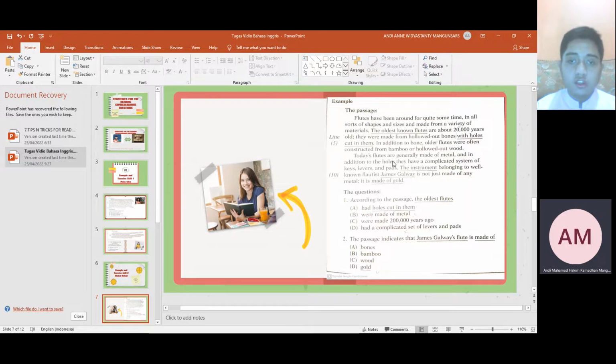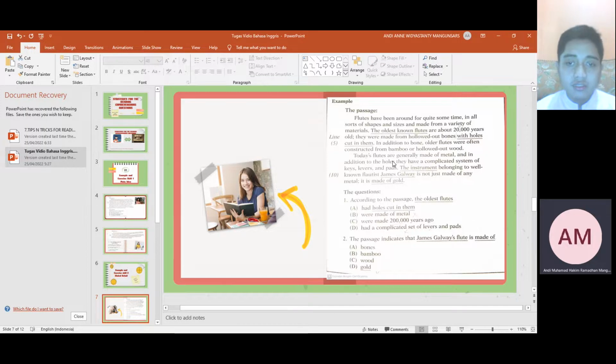We don't think hard about the reading, we just focus on the reading. Next, the passage indicates that James Galway's flute is made of. The answer is gold. Why?